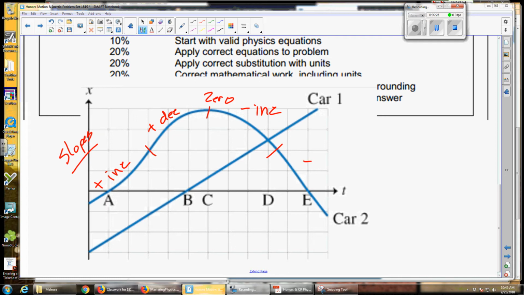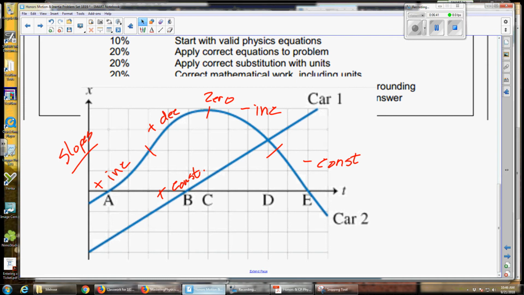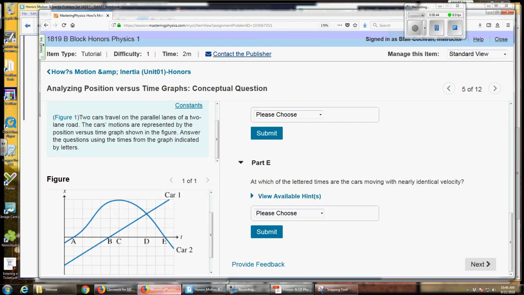And here it's negative and constant. Wow, this one is just positive and constant. Is that good? All right. I think that's probably all I would do for 5, to be honest.